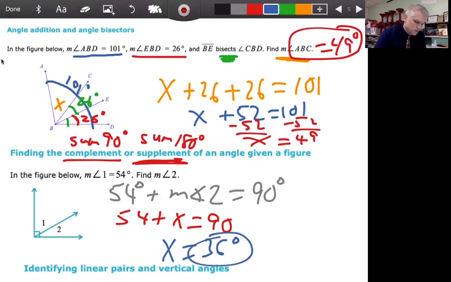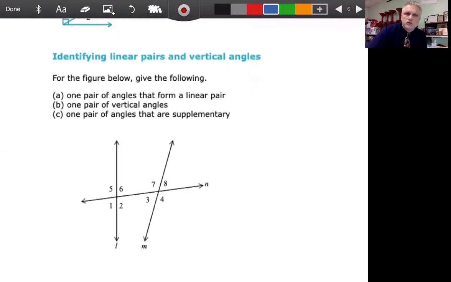Okay. All right, let's scoot down to this last question on this page. And again, we have terminology. We are asked about linear pair. We're asked about vertical angles. And then we're asked about supplementary. Okay, we just covered supplementary. Supplementary angles are angles that have a sum of 180 degrees. That's it. A linear pair is just what the words sound like.